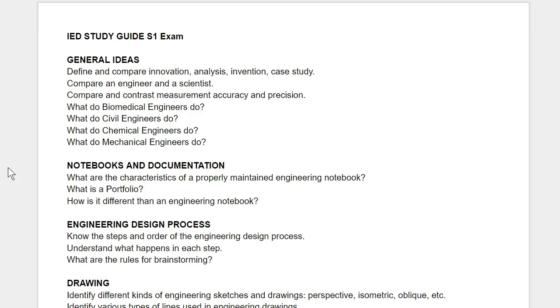You need to compare biomedical engineers and civil engineers, chemical engineers, and mechanical engineers. Identify what these guys do. For instance, biomedical engineers look at how to solve problems in medicine. A lot of times they will design things like prosthetics. Civil engineers design buildings and cities, and they try to figure out how to make things like earthquake proof.